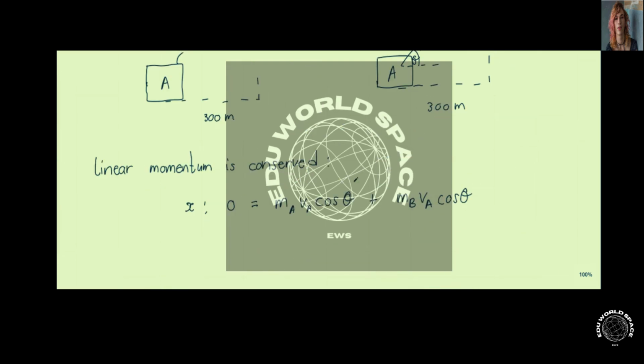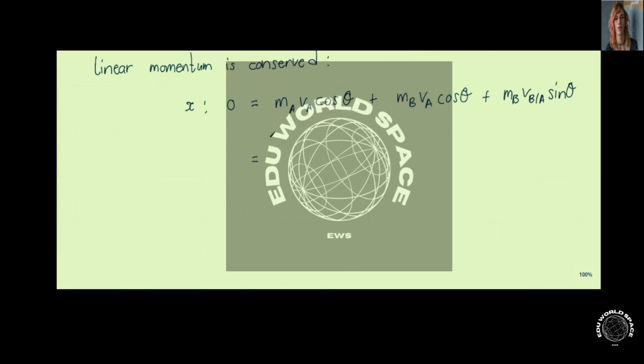So the two satellites move off with the same velocity since the cable is now taut, plus mB vB relative to A times sine theta. So 0 is equal to, substituting our values in here, 13.2 times vA plus 1.6 vB/A. We'll call this equation 1.